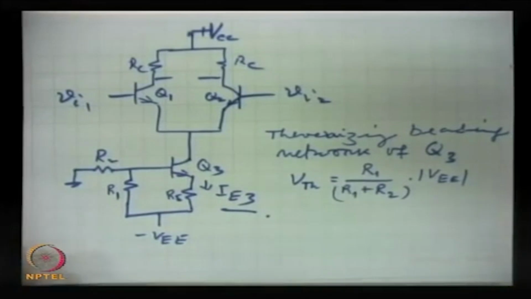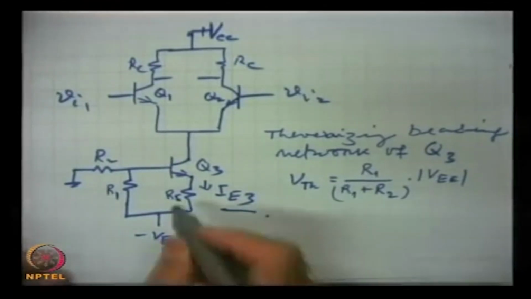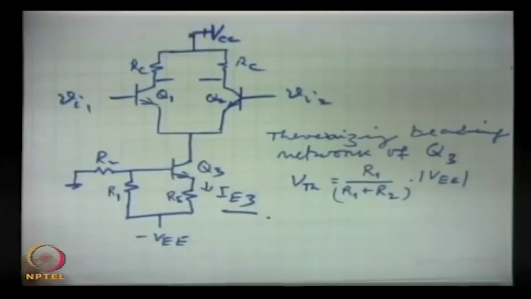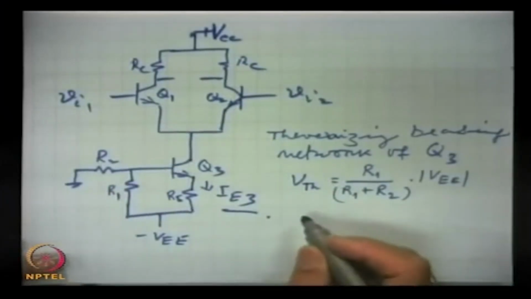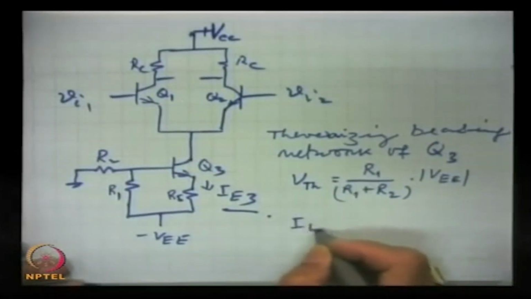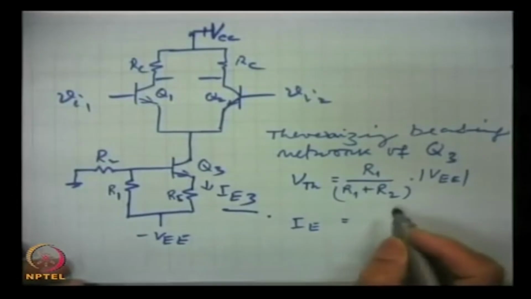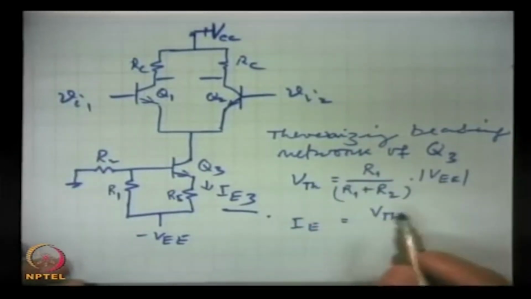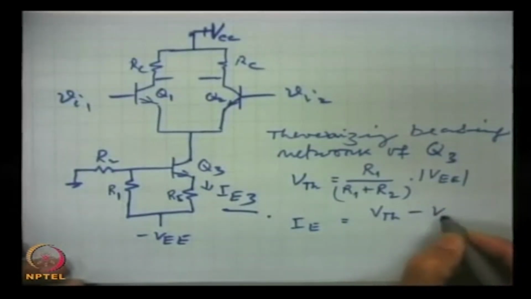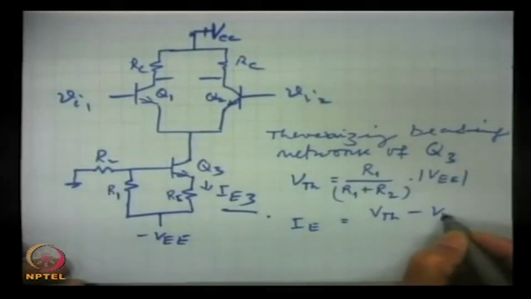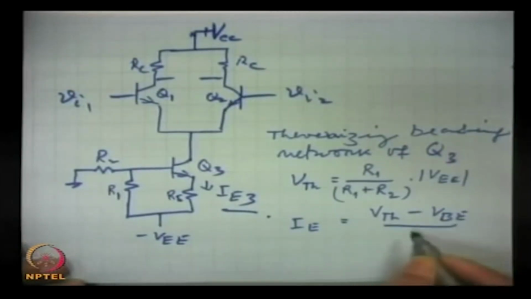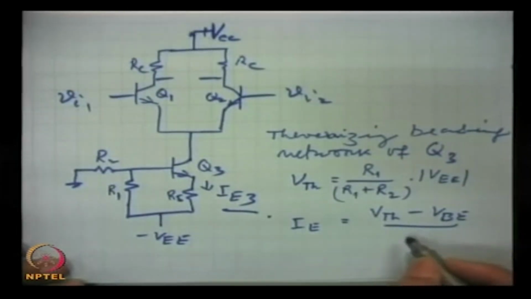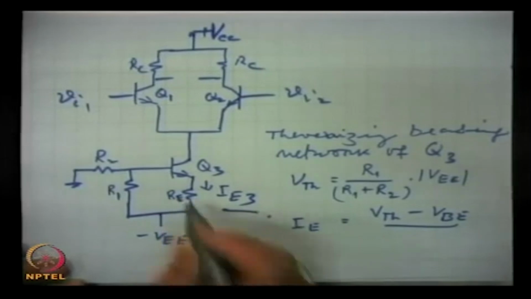This is that, and the emitter current, as we have done several times when we were talking about the bipolar transistor, the emitter current I e is V T H, that is this voltage which we calculate, minus V E, divided by the resistance R e.